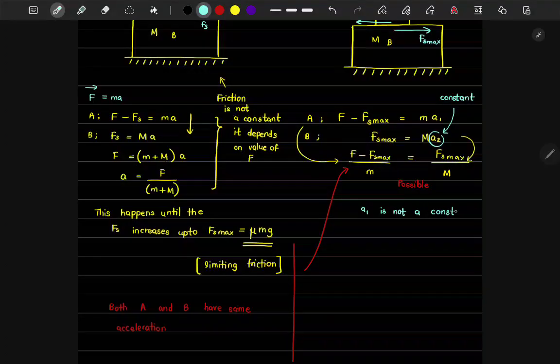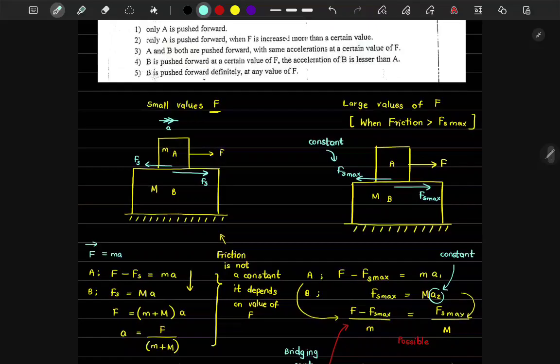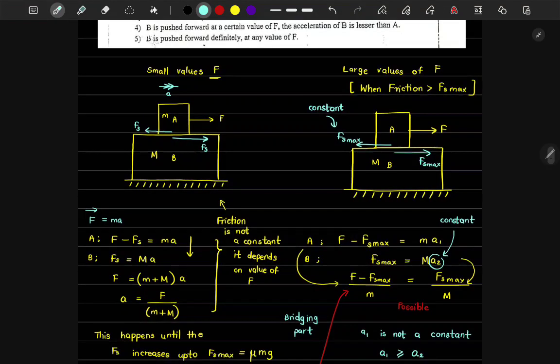And the only thing that can happen is A1 being greater than or equal to A2, or A1 actually increasing, because the unbalanced force F minus Fs max increases furthermore. We can name this as the bridging part, where the transition happens. So the fourth statement is wrong and the fifth statement is correct, because at any value of F, we will definitely push forward. So both the third statement and the fifth statement are correct.